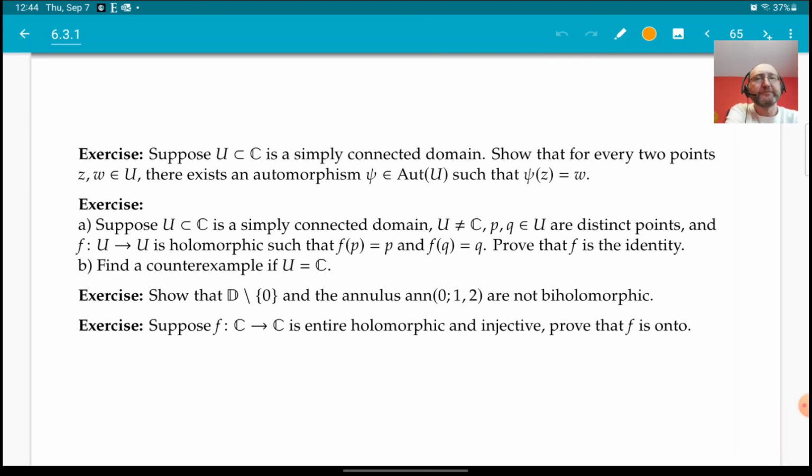All right. So suppose we have an entire holomorphic function that is injective.